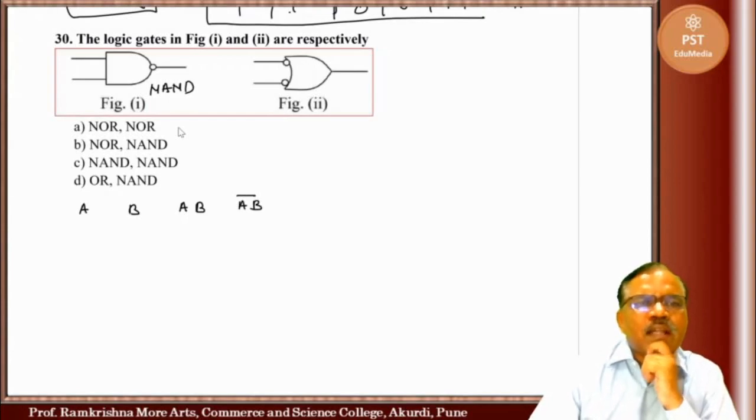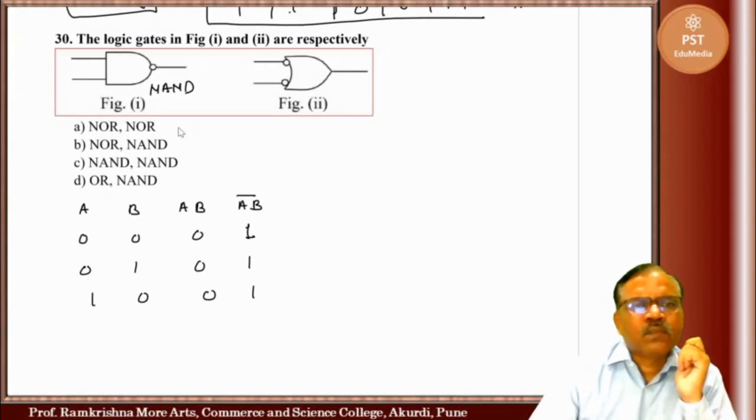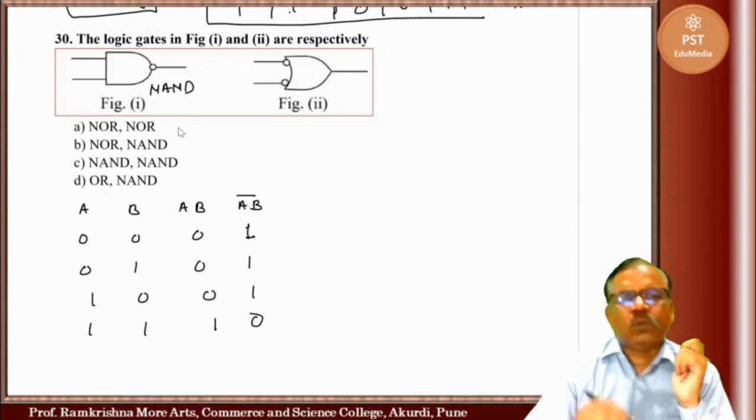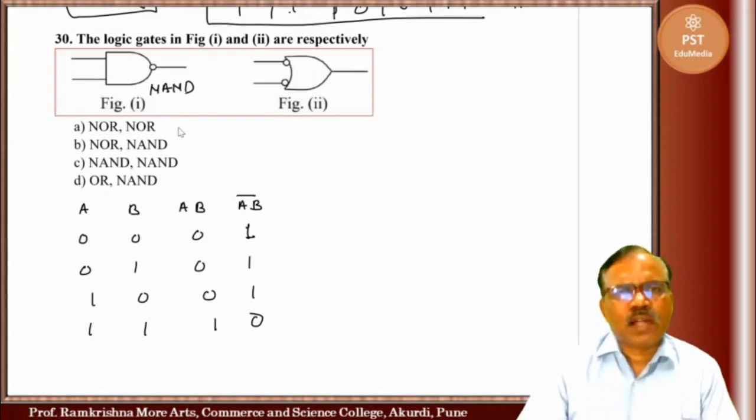This is for the NAND gate: 0, 0, 1; 0, 1, 1; 1, 0, 1; 1, 1, you will get 0. This is the truth table for the NAND gate.